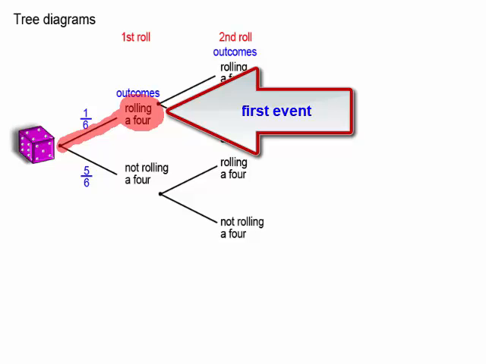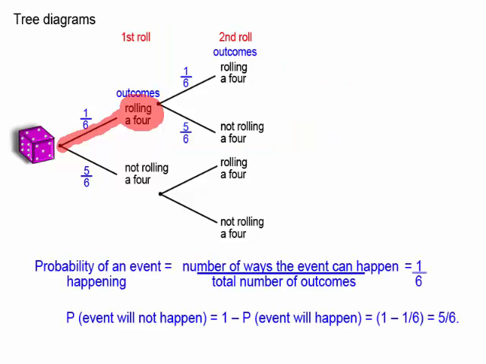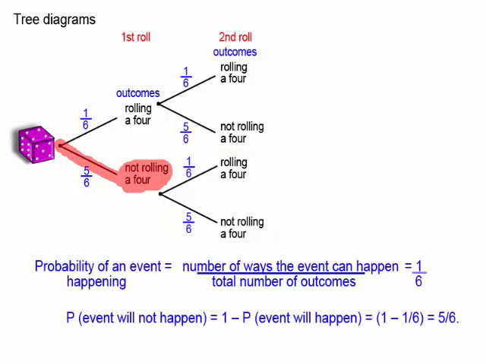Say we have rolled a 4 in the first event. We then create a second event by rolling the dice again and try and calculate the probability of rolling a 4 or not rolling a 4. And again, using our two equations, we can calculate these probabilities as being 1 over 6 and 5 over 6 respectively. And we do exactly the same thing for the probability tree for the first event where we have not rolled a 4.